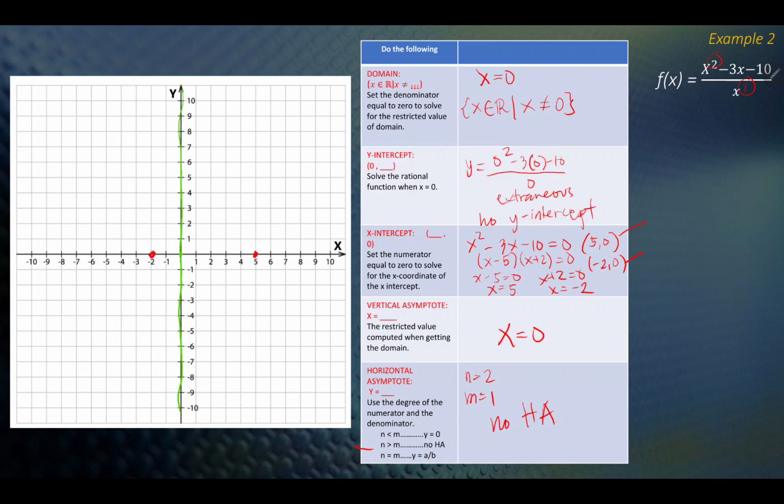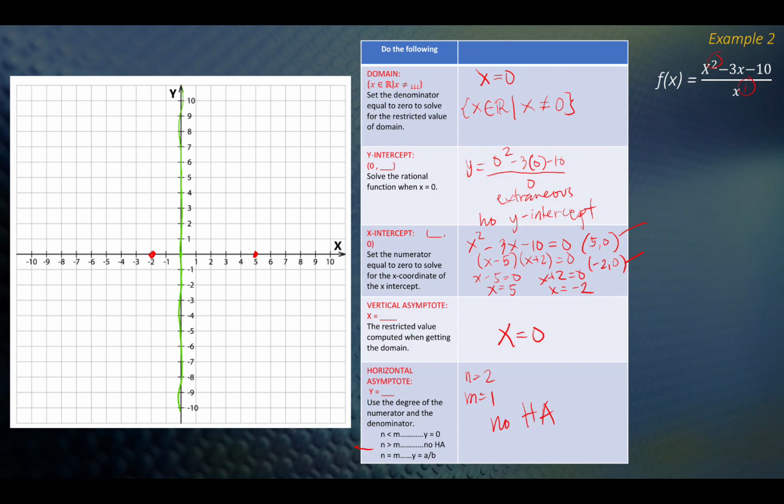And then for our y-intercept, it's extraneous. There's no y-intercept. Obviously, that is because our vertical asymptote is at x equals 0. Therefore, wala talaga tayong makukuhang y-intercept because the y-axis is the asymptote itself. So, wala siyang y-intercept. Now, we're done with the 4 parts.